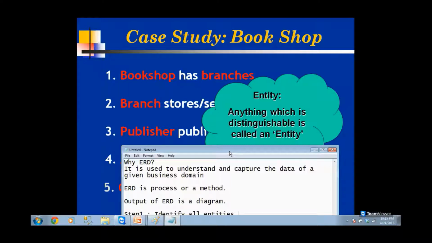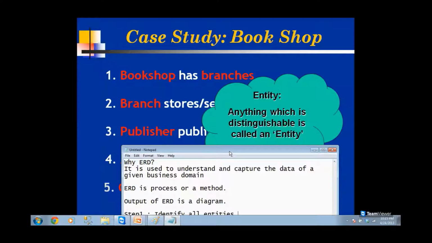Like that, you can see lots and lots of entities in this world. Hero, heroine, comedian, villain, patient. Marriage is different from a birthday party, so marriage is one entity, interview is another entity, and birthday party is a different entity. Entity means which is unique and which is distinguishable.